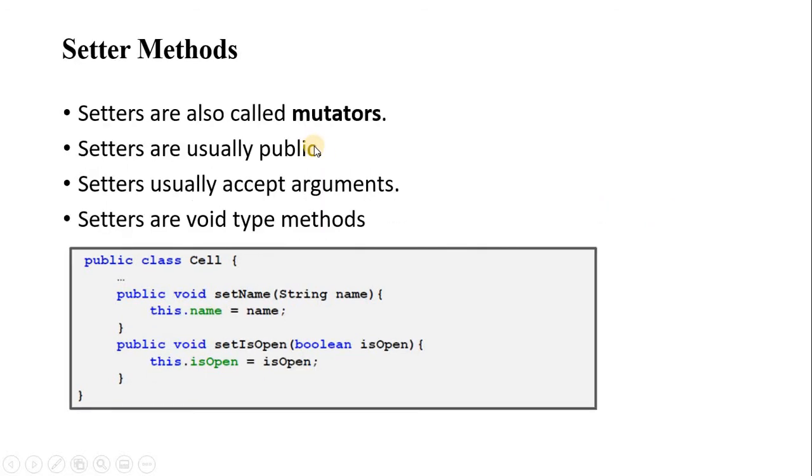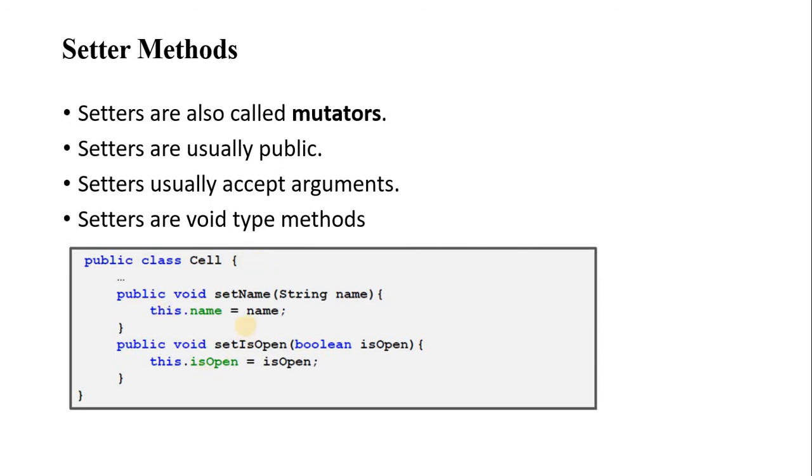In the same way, if you are going to set the value, we have the setter method. We can call this setter method a mutator. So mutator is another word for setter. It is also a public method, and it will have an argument. It will accept the argument which sets the value for the private variable in the class. All setter methods will not return a value, which means it is going to be a void method.